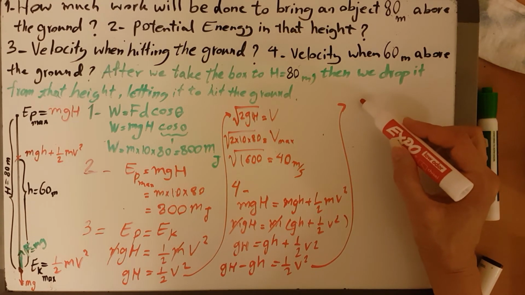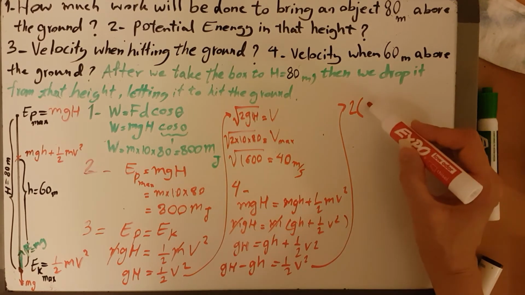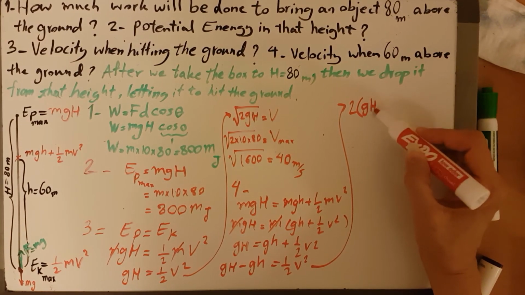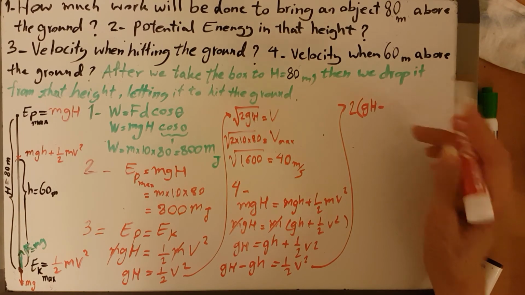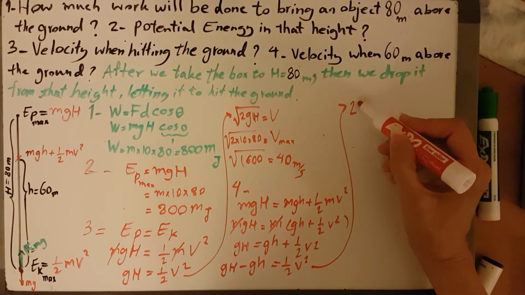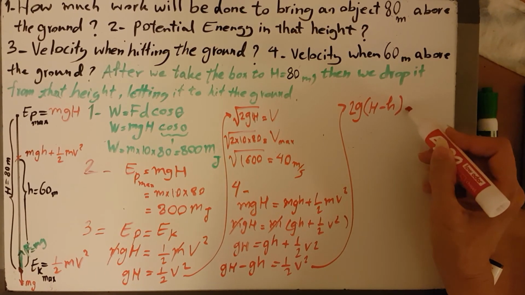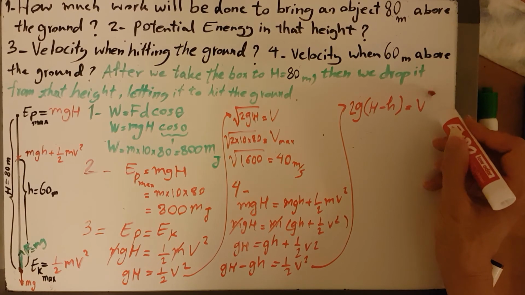Of course, the 2 goes to the other side, goes to the top. I can even make it simpler. I can say 2g, I can factor out g, h minus h equals v square.